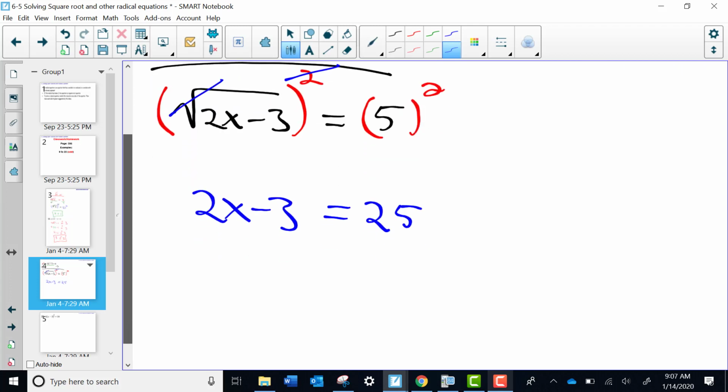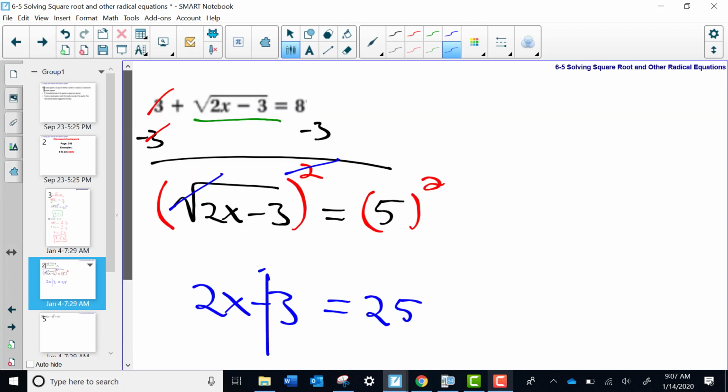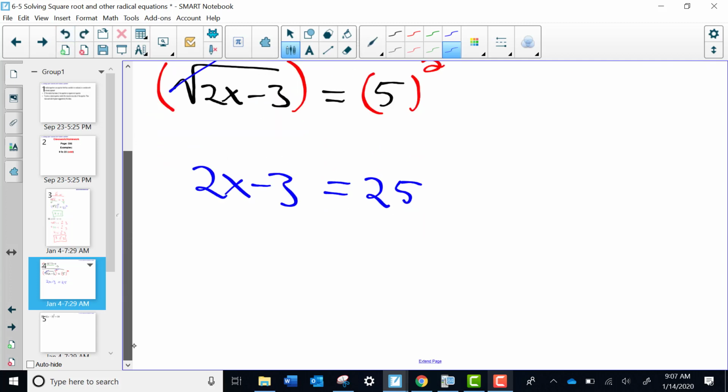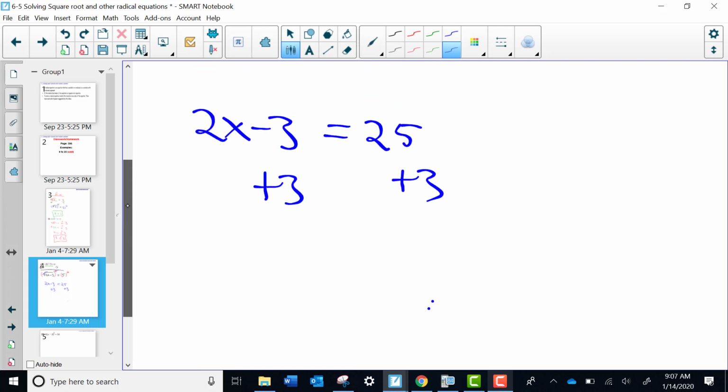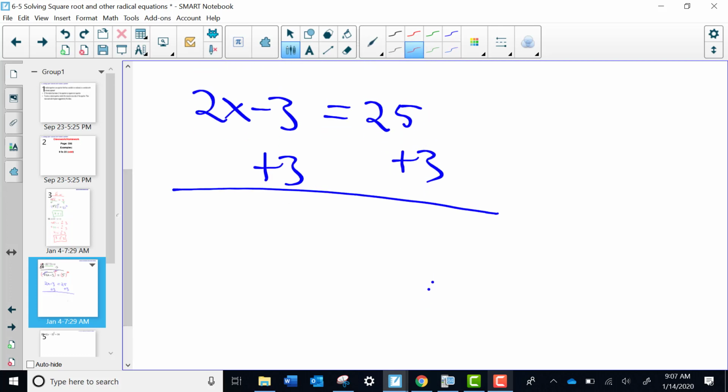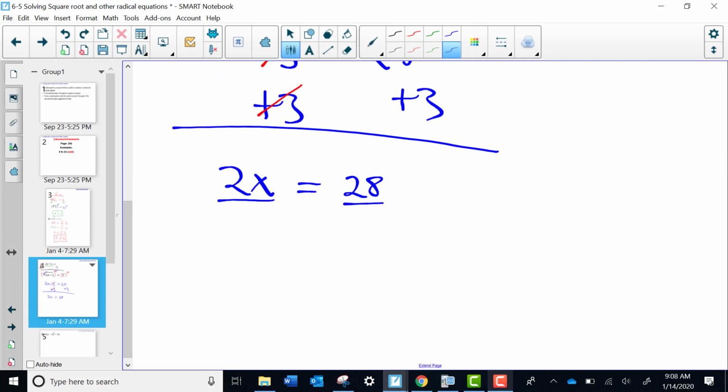Add 3 to both sides. 2x is equal to 28. Divide both sides by 2. X is equal to 14.